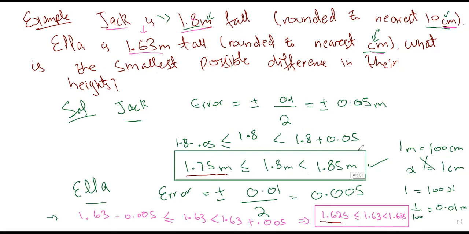Find the difference. 1.75 minus 1.625. What are you getting for this? 0.125. Okay.